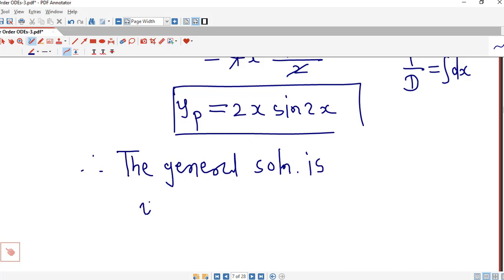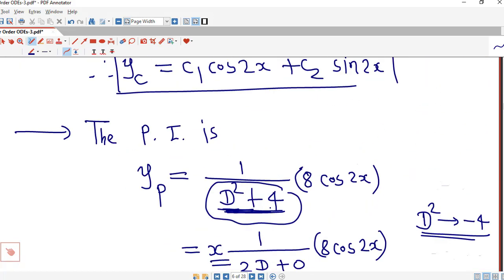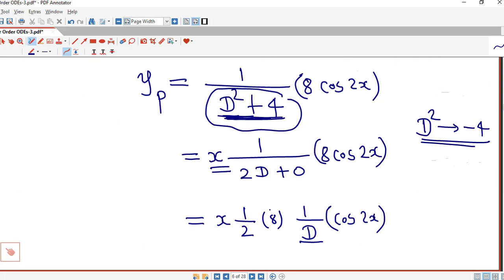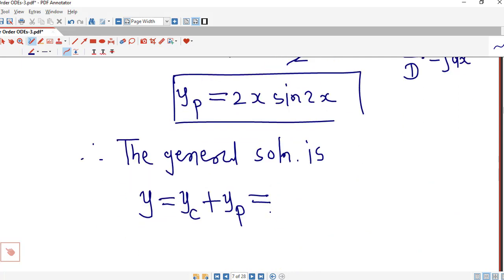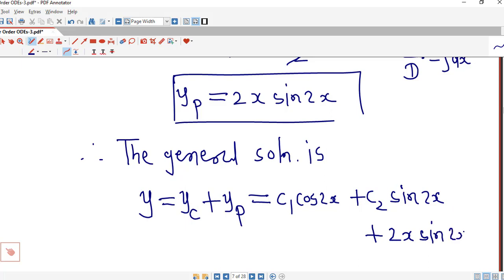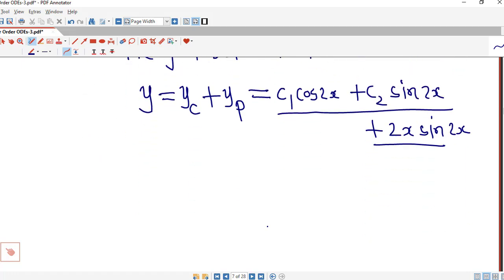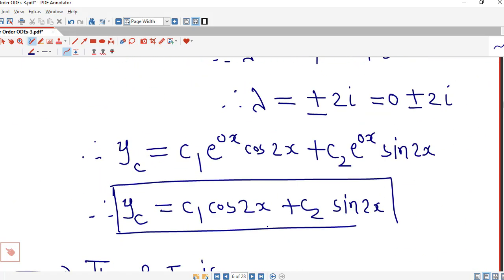The general solution is y equal to yc plus yp, and yc means c1 cos 2x plus c2 sin 2x, and the particular integral is 2x times sin 2x. So this is the general solution of the given differential equation where c1 and c2 are arbitrary constants.